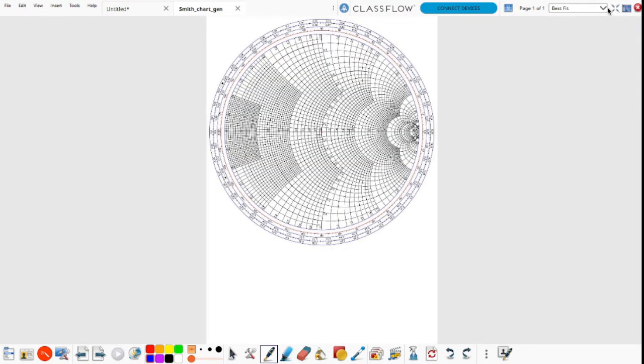And this is the Smith chart. This is the toward generator scale, and this is the toward load scale.